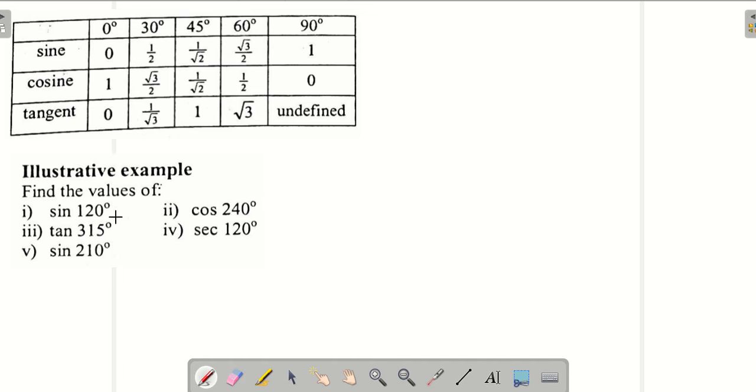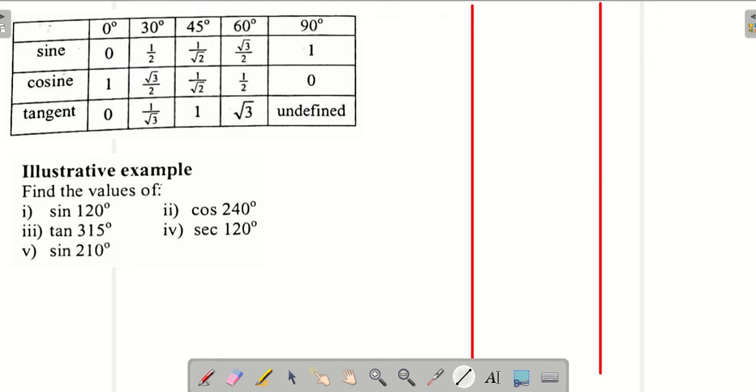Now, to find the value of sine 120, we have to first ask ourselves where does 120 fall?